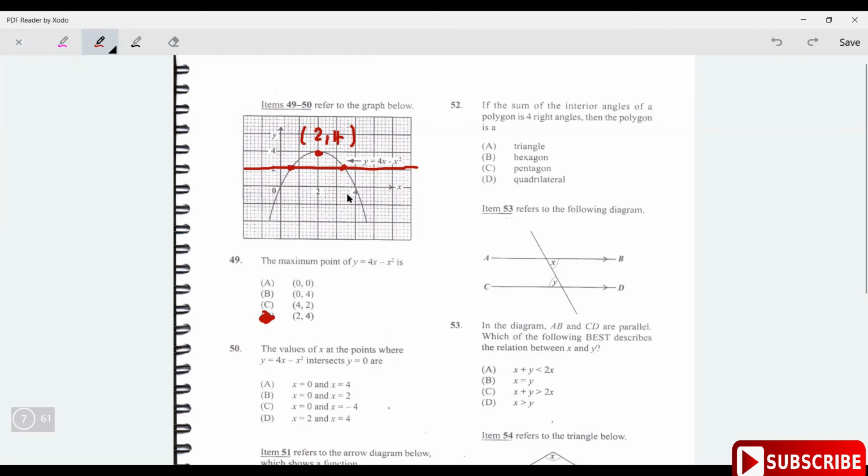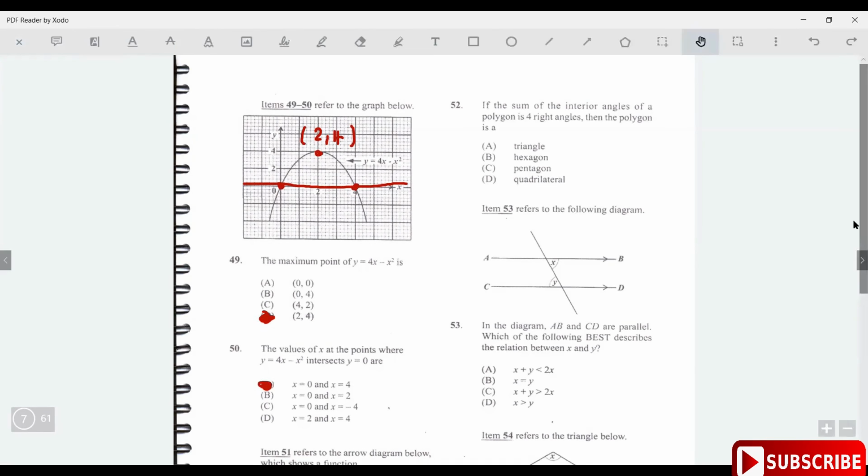What are those 2 points? Oh, my apologies. Let me take away that. This is the line y equals 0, which is right here and right here. That's 0 and 4. That's option A. Nice.